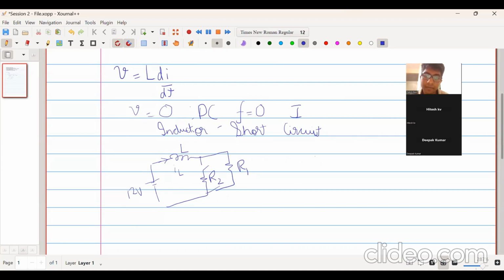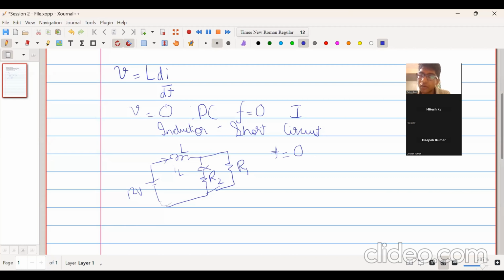Initially, when t is less than 0, at t equal to 0 the switch will be closed. Before that, the switch was open. So we will consider that before t equal to 0 the switch was open, and the current will flow like this through the inductor and through this resistor and come back.